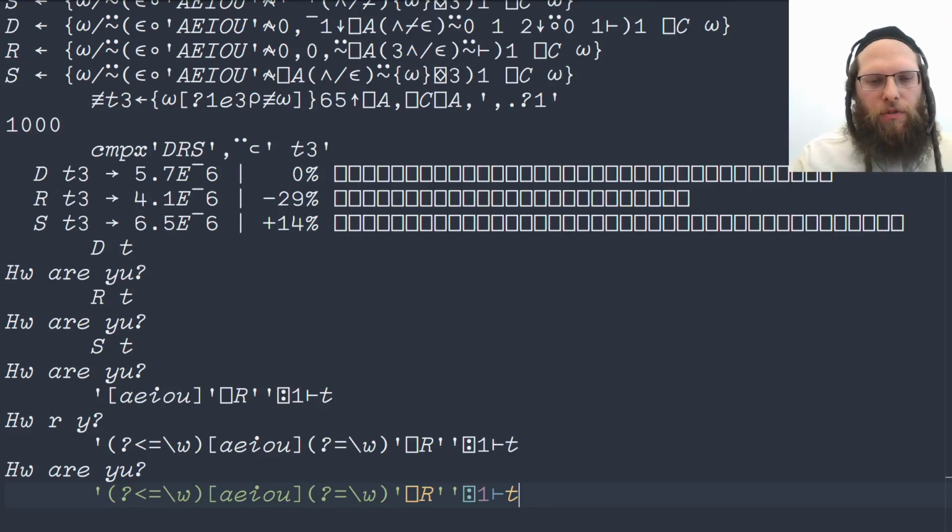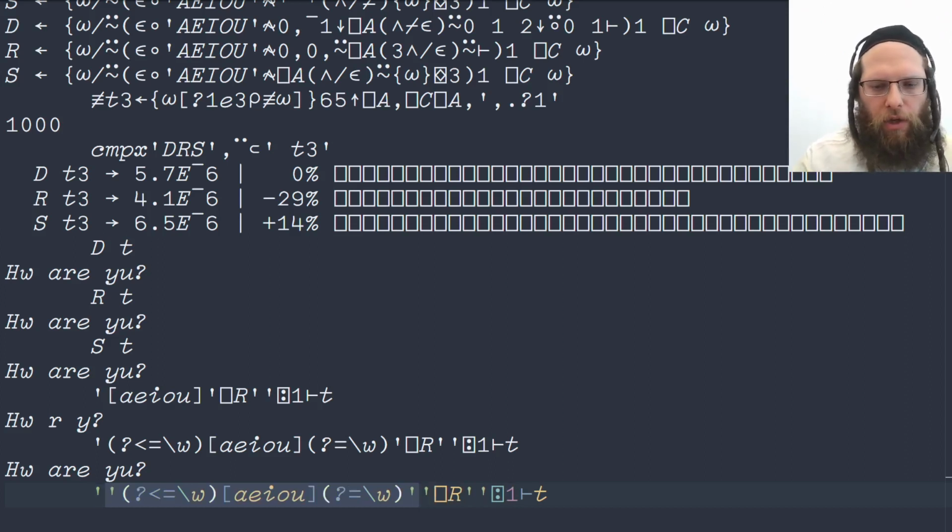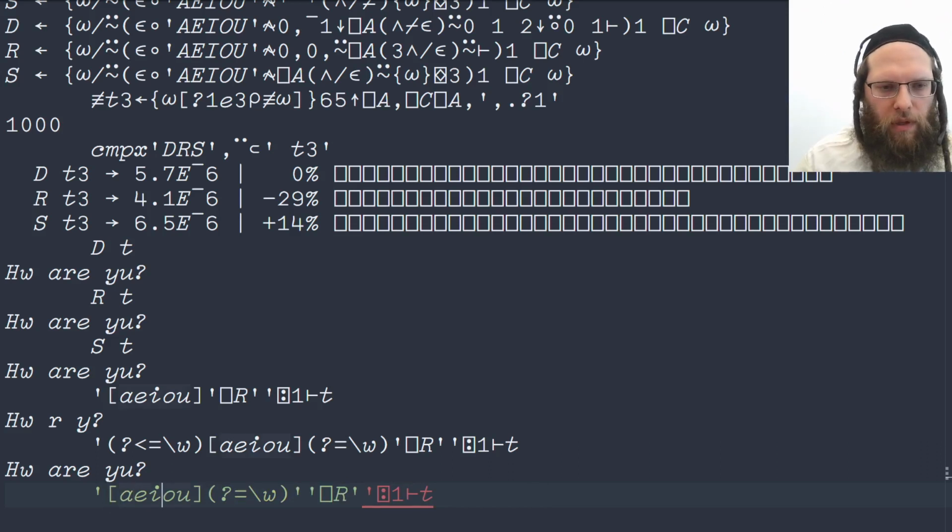It can be hard to think about these assertions. I personally find it easier to think about things in a different way, with what you could call exception patterns to detect things and let them go through. So again, we do want all the vowels removed, but we want to preserve some.